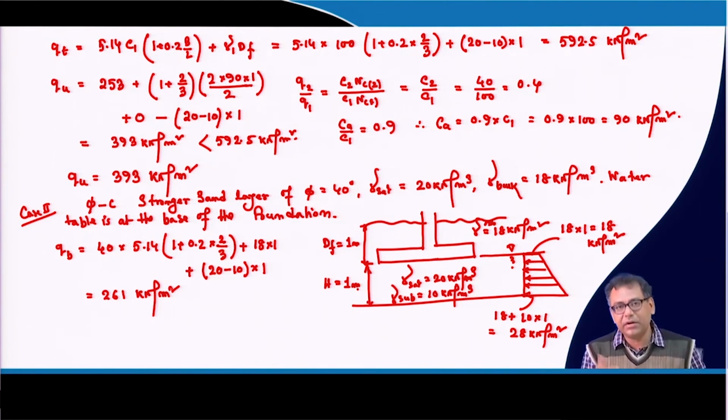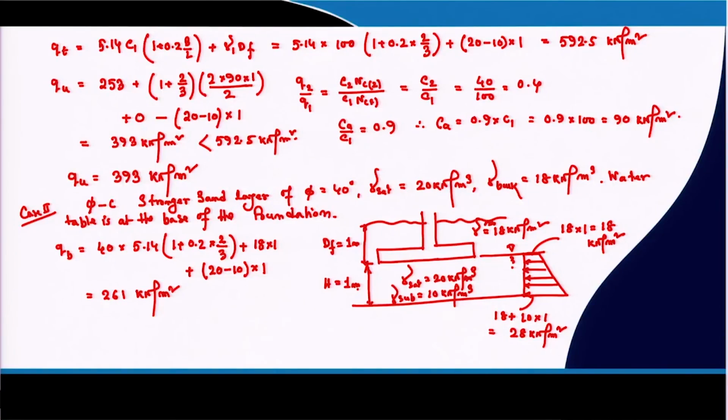Next class I will complete this case 2 problem, where I will also show how I can calculate the QT, then how I can calculate the Ks. Ca will not be required here, because your C1 value is 0 here. So, it has phi 1 and gamma. And in the second layer, your phi 2 value is equal to 0.